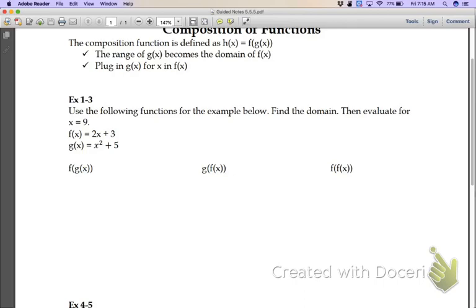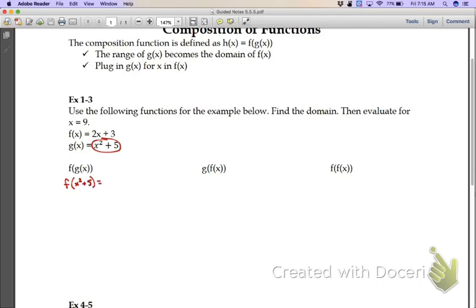If it's f of g of x, I'm going to take my g of x, and instead of writing f of g of x, I'm going to write f of x squared plus 5.